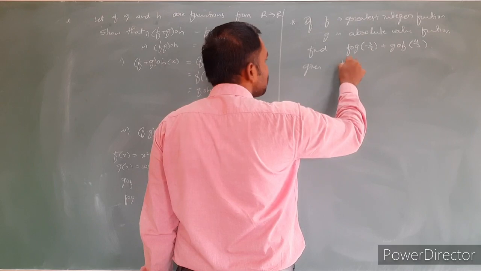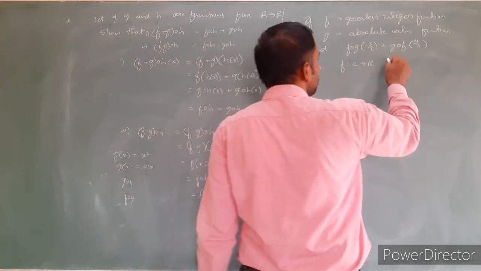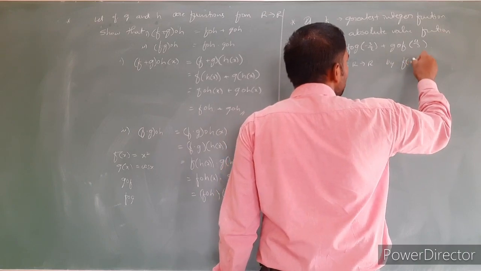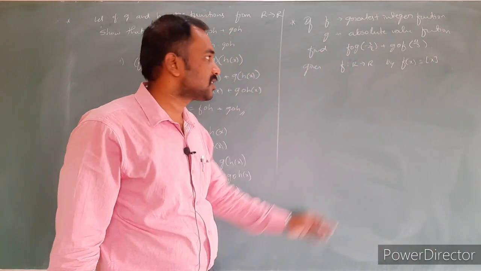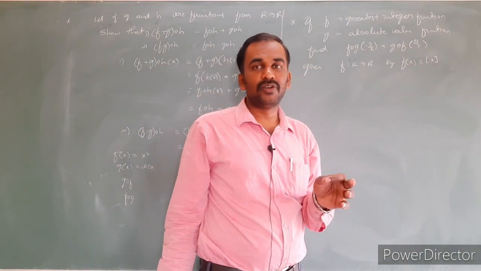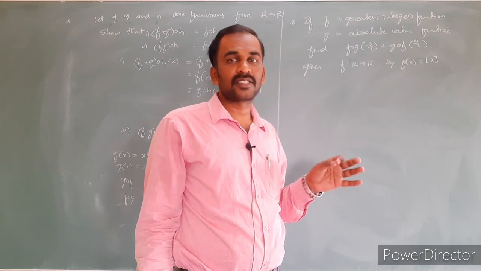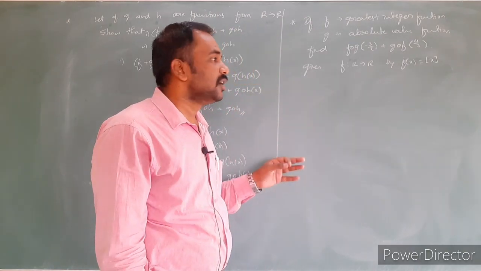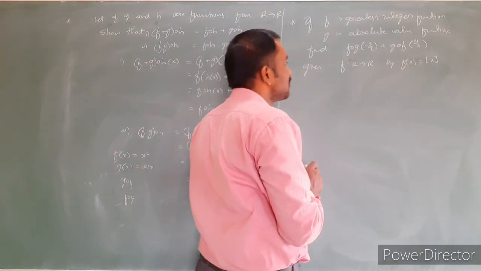What is the greatest integer function? It is defined for all real numbers, by f of x equal to the greatest integer of x. What is the greatest integer of x? The function assumes a value always less than or equal to x. This is said to be the greatest integer.